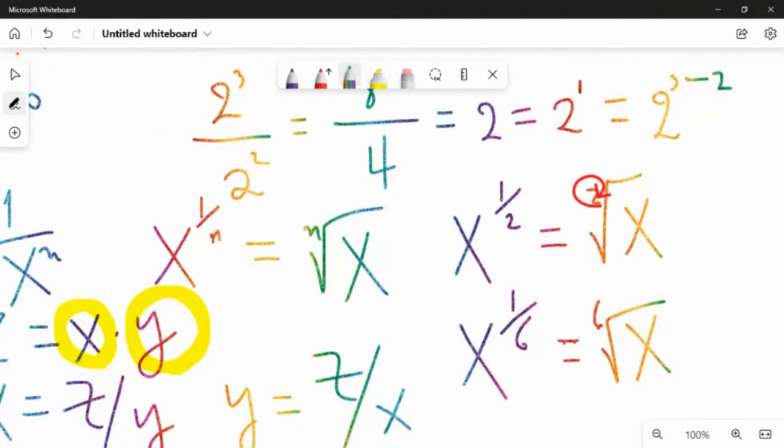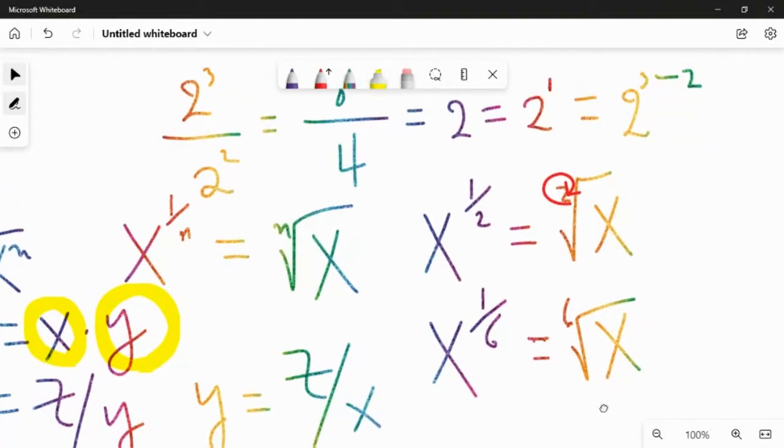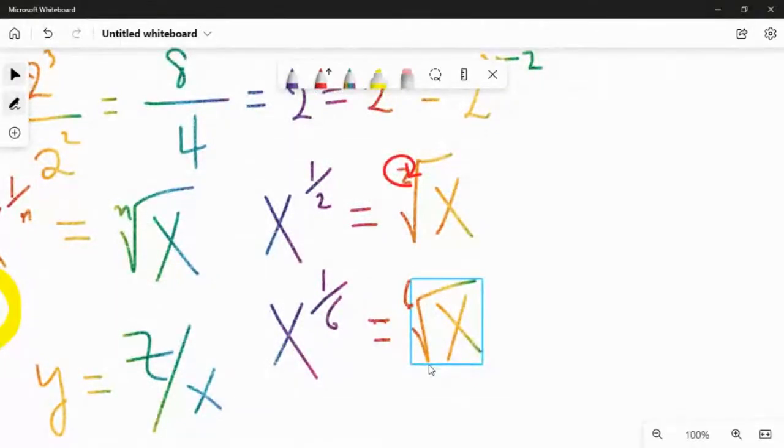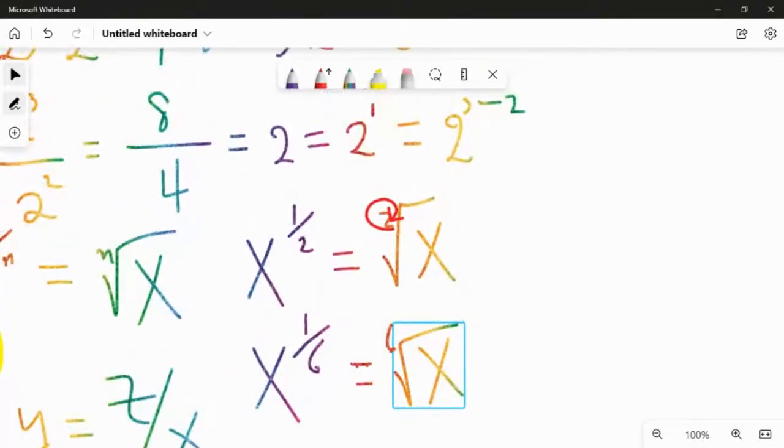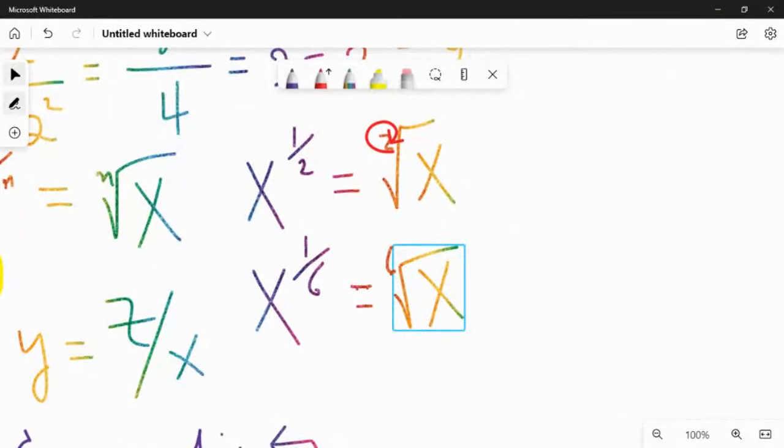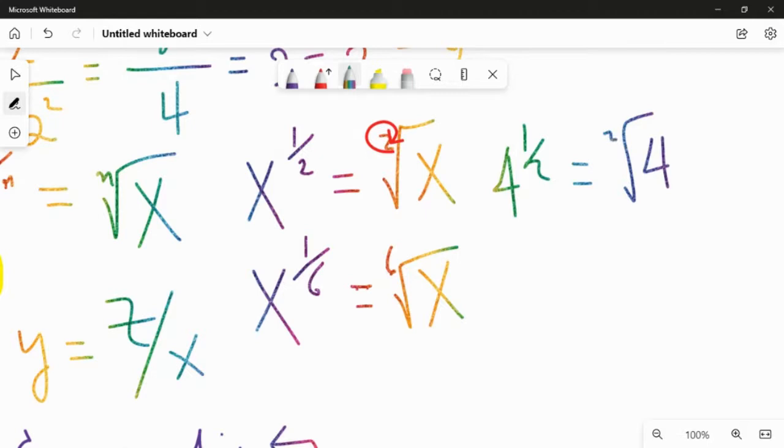Let's think about a practical example. 4 raised to half, that's square root of 4.